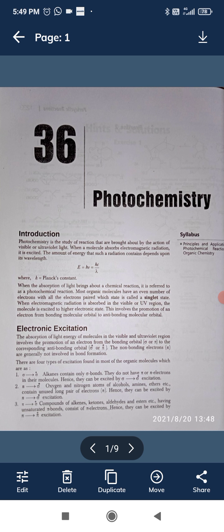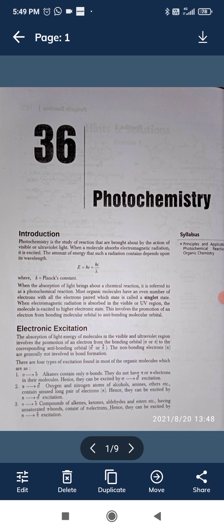The absorption of light energy by molecules in the visible and ultraviolet region involves promotion of an electron from the bonding orbital. Here bonding orbitals are only two, that is sigma or pi, to the corresponding anti-bonding orbital, sigma star or pi star. Two bonding orbitals, two anti-bonding orbitals.